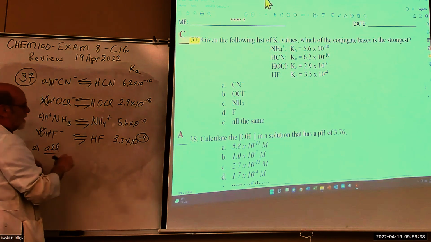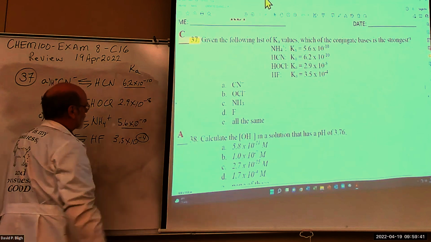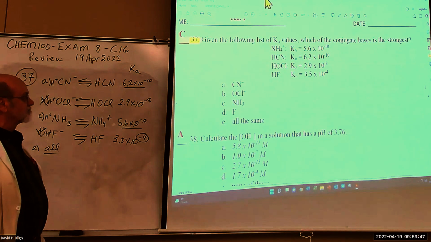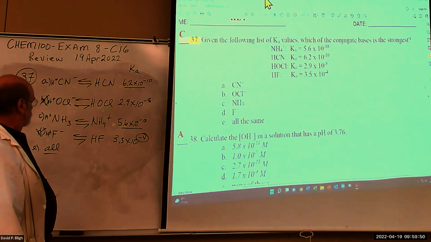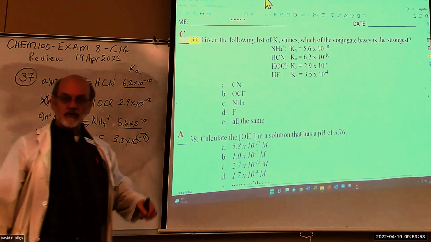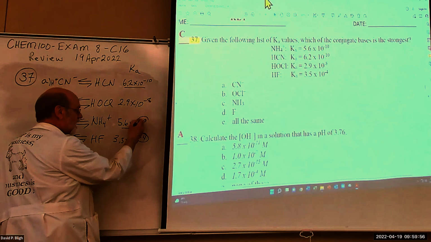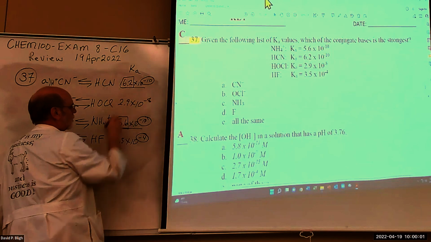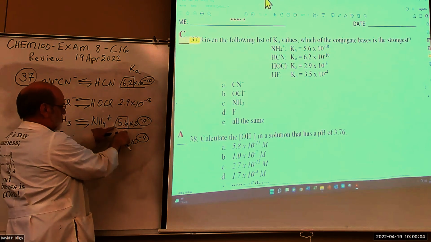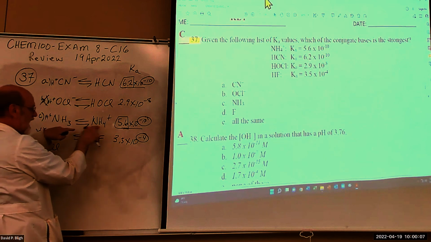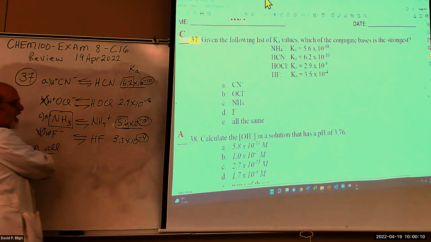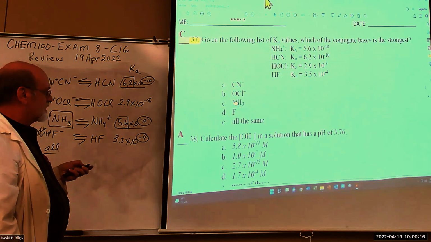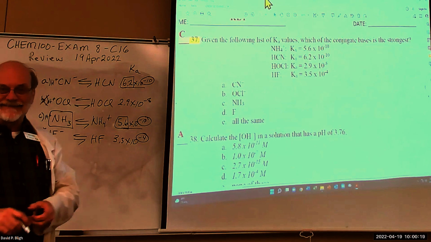So this one can't be it. So it's really a battle between these two. Which one of these is the weakest acid, which would make the strongest base? Now that they're the same powers of 10, we look at the coefficient. This one is smaller than that one. This is the weakest acid, strongest base. There's your answer. The strongest base is this one. Okay?